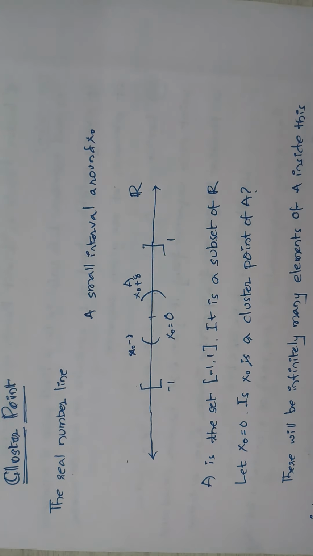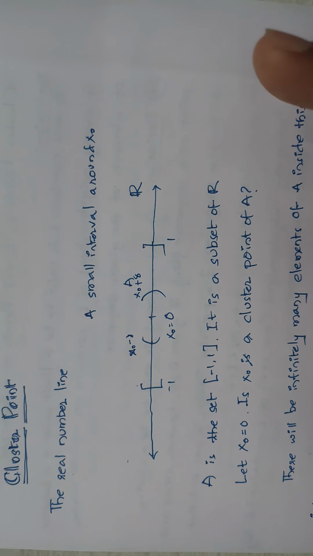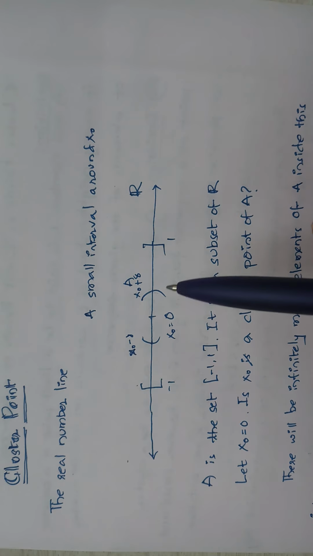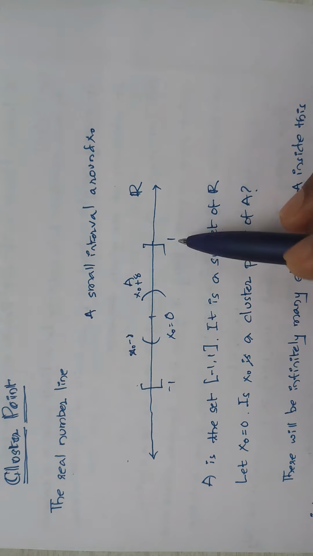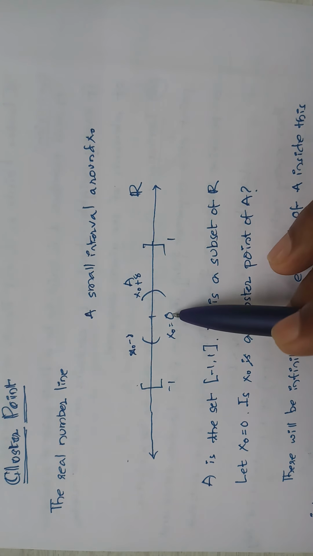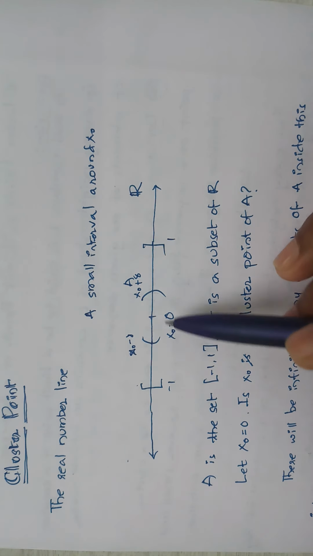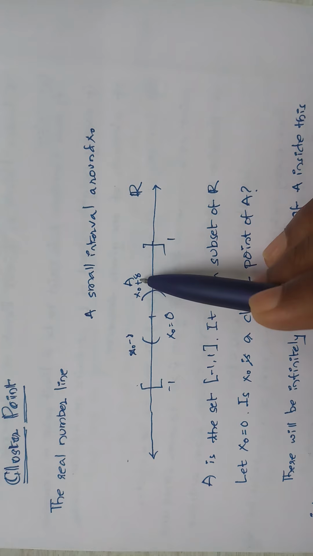So the meaning of a cluster point is generally this: we take a number line, that is the real number line, and there we take a closed interval -1 to 1. There I take a midpoint, that is x naught, which is 0. Around x naught I draw a small open interval, x naught minus delta to x naught plus delta.